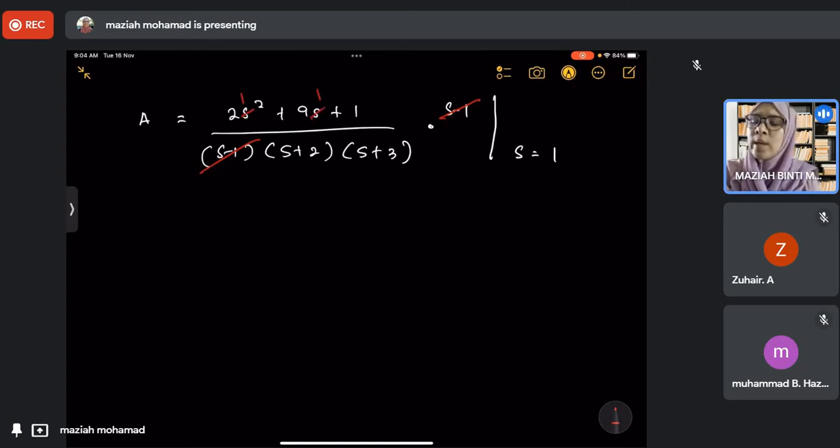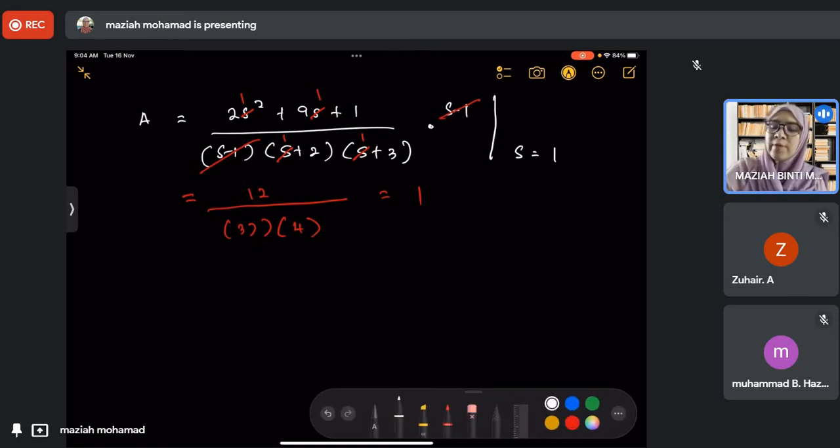So therefore we're going to have 2 plus 9 plus 1, 12, over 3 times 4, which is 12 divided by 12 is 1. Right?